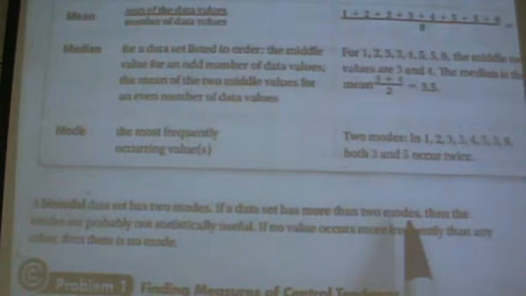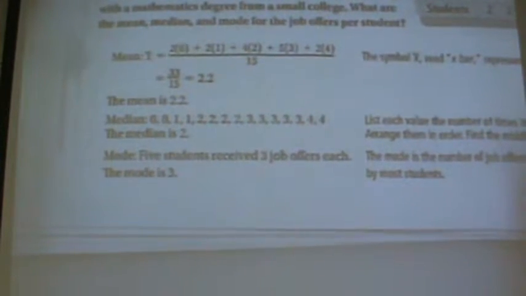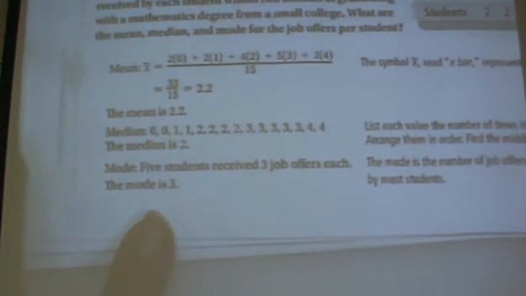Now, if there's more than two modes, let's say three numbers occur the same amount most often, then we say that the data is statistically not useful for finding the mode, okay? And if no number occurs most often, let's say they all occur once, then we say there is no mode, okay?